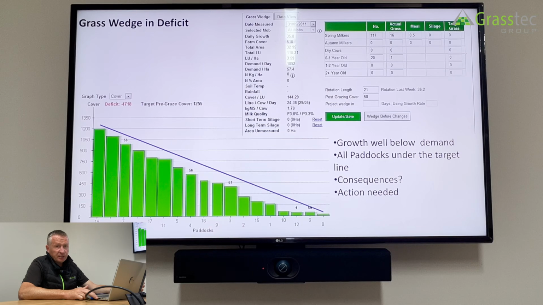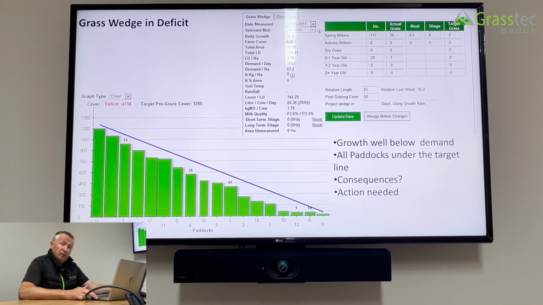There's consequences if you don't take action, well then you're going to race around. Your rotation length is going to get very, very quick. You're going to be moving from paddock to paddock to paddock very quickly, and you go into a tailspin, and before you know it, you have very little grass on the farm, and it's not allowed enough time to recover for the next grazing again.